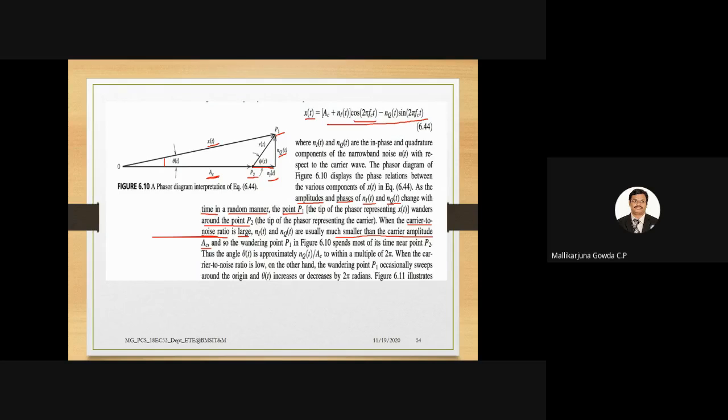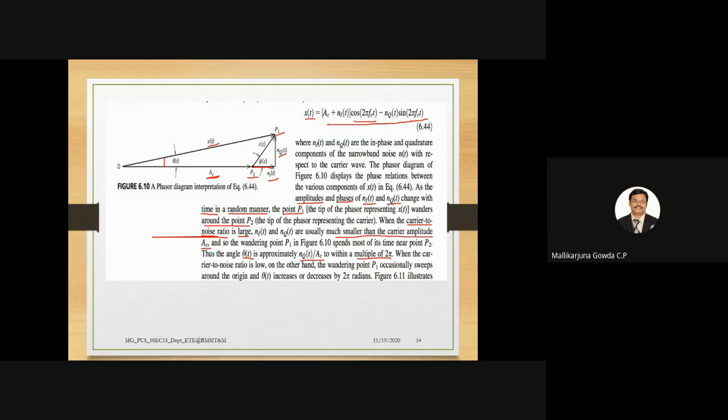So in that case, the angle theta of t will be approximately equal to nq of t by AC, within multiple of 2 pi. So this is important. Hope this point is clear.